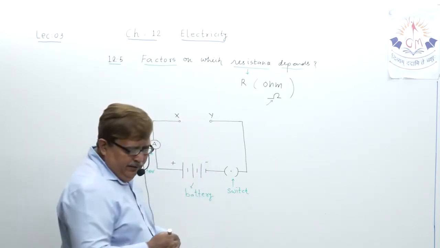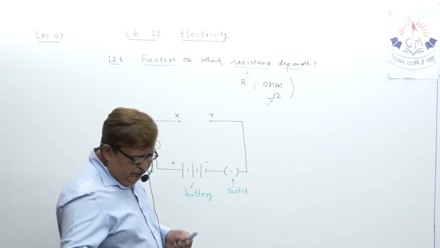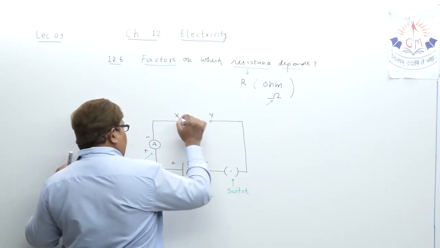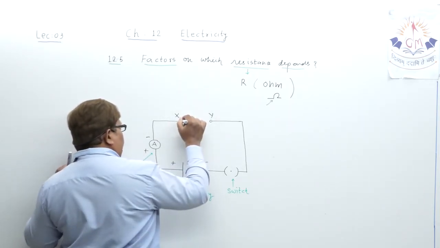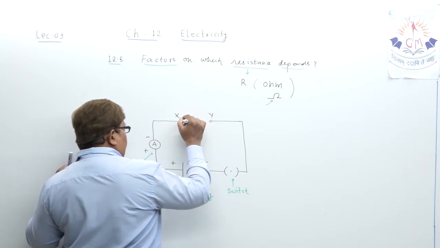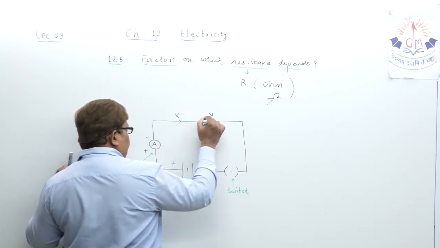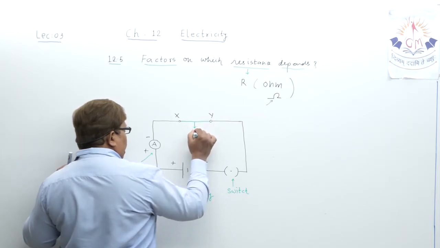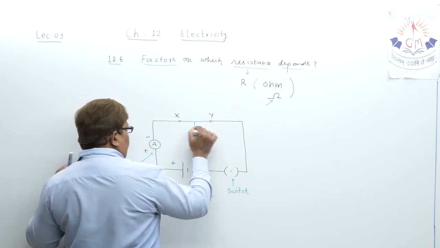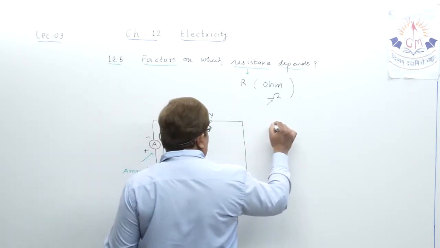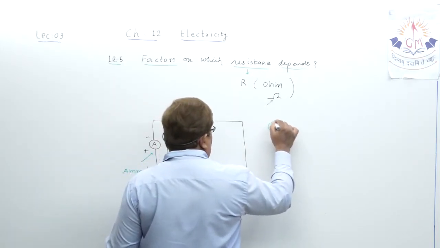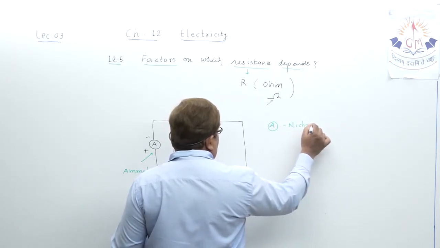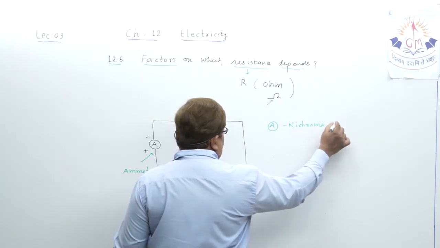Just try to understand. Suppose I take a nichrome wire and I attach it here. This is the nichrome wire. Suppose here I am going to attach three devices. First, suppose a nichrome wire. This is the first device, I say A. A means nichrome wire. You know nichrome is an alloy, right?